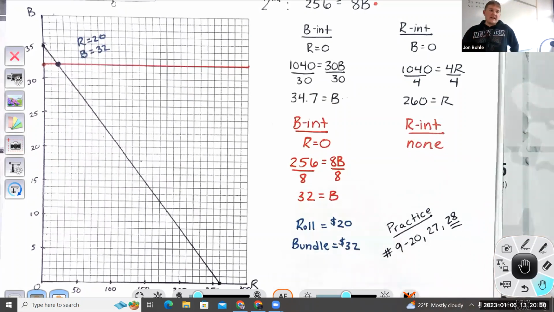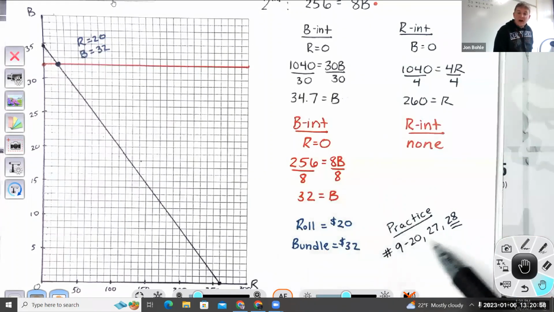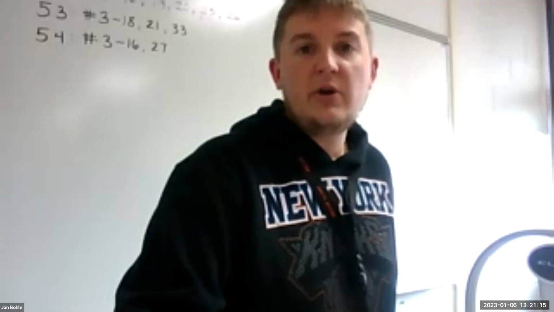It's almost the exact same thing as your learning target word problem. So you're going to have one regular graphing problem and a word problem. So if I'm you, you could pick either of these. If I were you, I would pick 28. Okay, to be able to take your learning target, you needed to take one problem from here and one of the word problems minimum before you take the learning target.